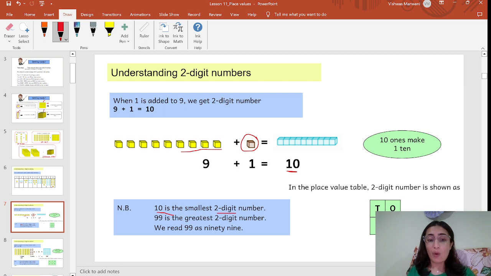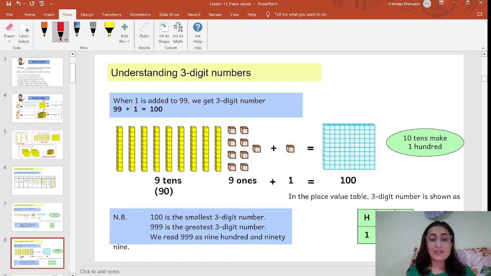Now let's see how we will represent the greatest 2-digit number, which is 99, using these blocks only. 99 will be represented by combining 9 lines of tens and 9 single cubes. Now, if we add one single block to it, we get 100, which is also the smallest 3-digit number.